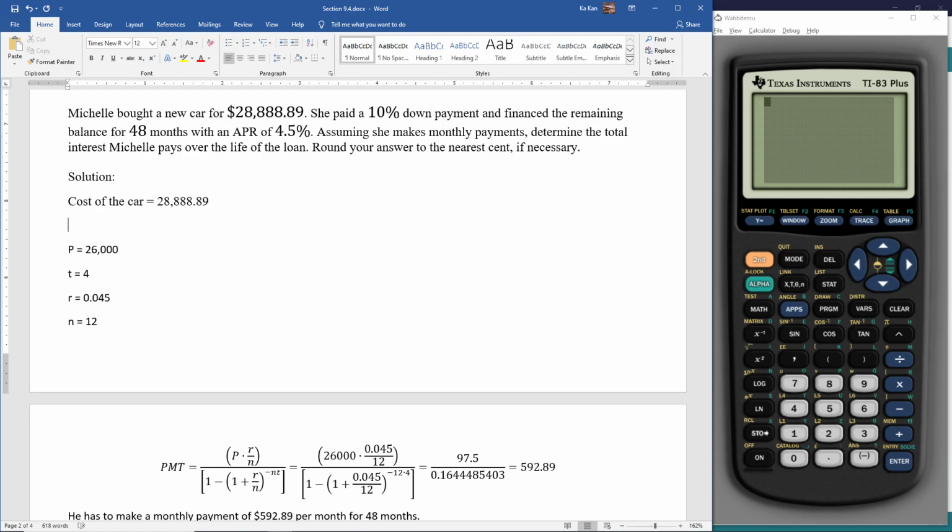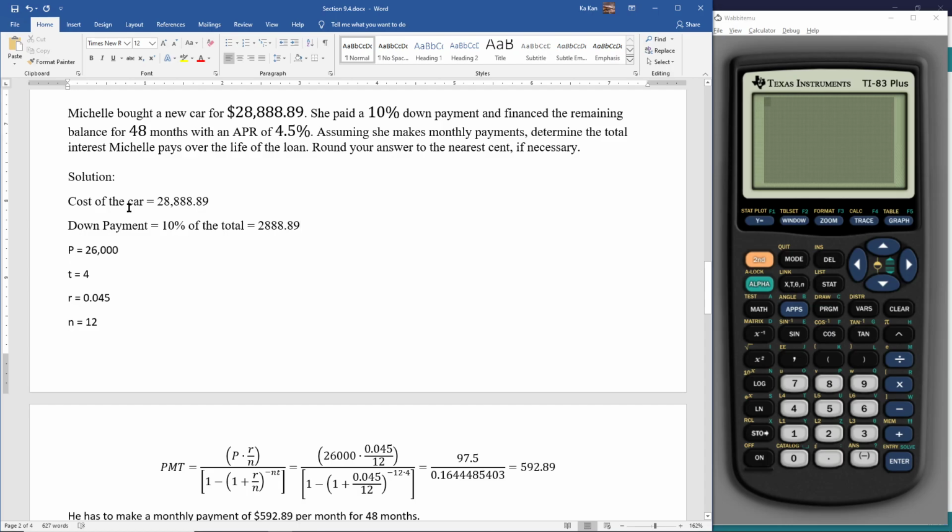But she's paying a down payment. The down payment is going to be 10% of the total. And 10% of the total would be $2,888.89. You can put in the calculator the total times 0.1. That's how you get it.